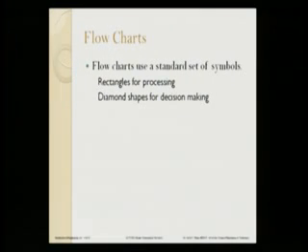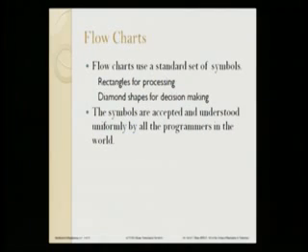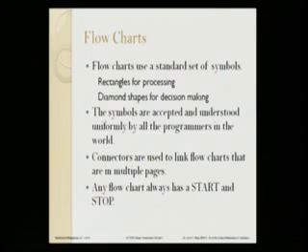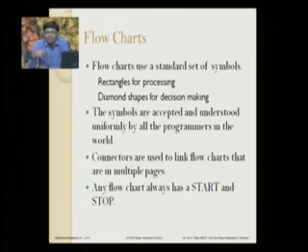Flowcharts use a standard set of symbols like rectangles, hexagons, and diamond shapes for branching, etc. The symbols are accepted and understood worldwide, and if the flowchart is longer, then you can use connectors, and every flowchart starts from a start symbol and ends with a stop symbol, that is called terminator symbols.